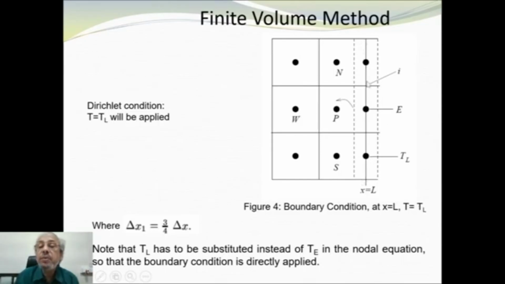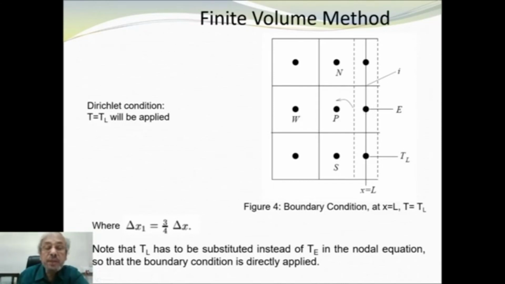Now x equal to L, ideally this point is the eastern neighbor. The cell is also the eastern neighbor cell, but this point is falling at the edge or at the end of the boundary, and we know the temperature here, TL, since it is a Dirichlet condition.